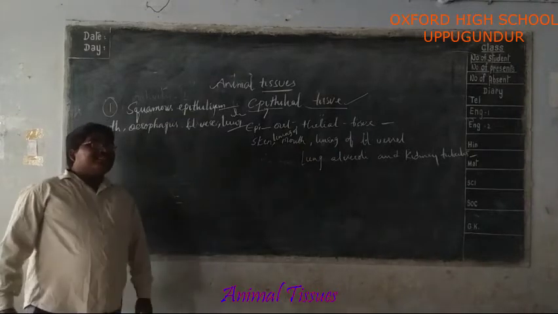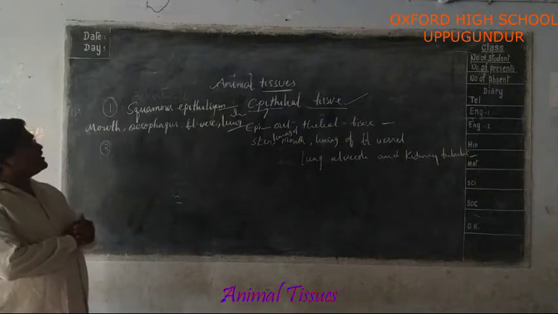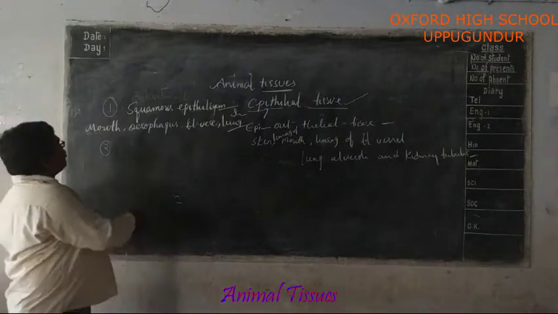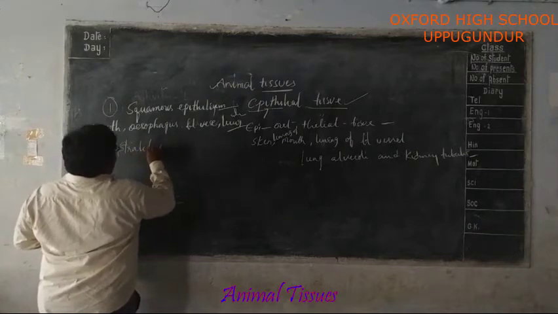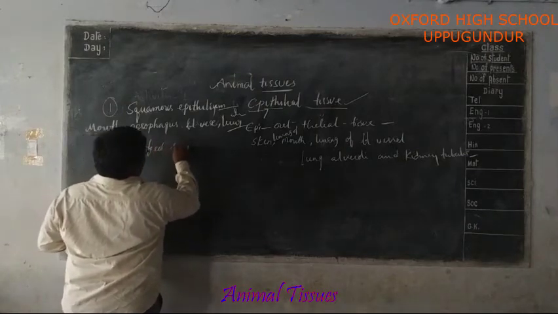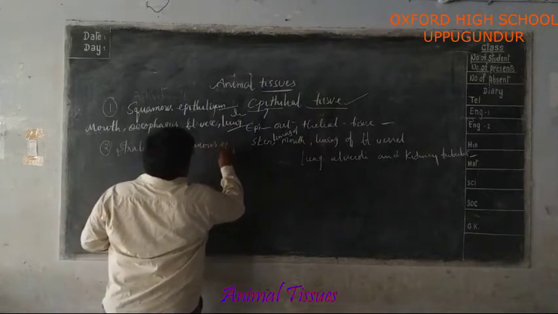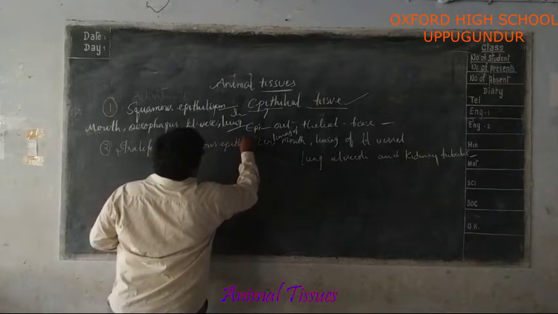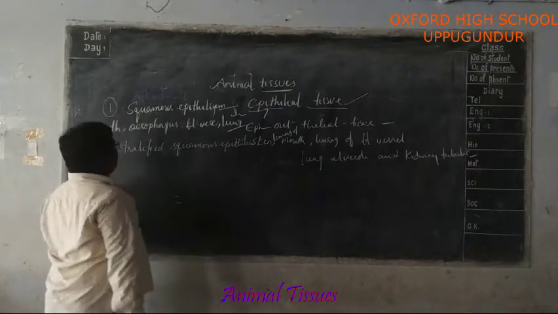Okay, and next, the second type of tissue that is present in the skin is called stratified squamous epithelium.